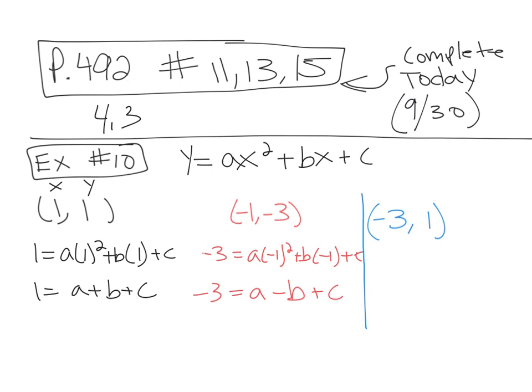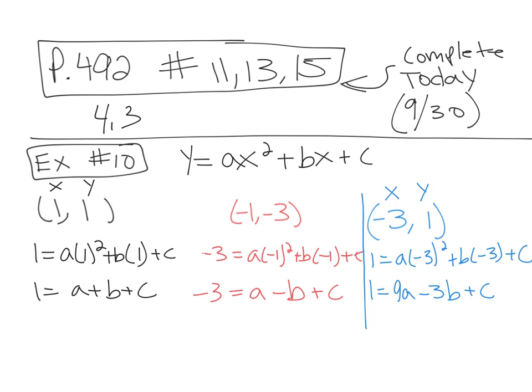So plugging in the x and y value, I get 1 equals a times negative 3 squared plus b times negative 3 plus c. Hope you can see that there on the end. Simplifying that up, I would get 1 equals 9a minus 3b plus c.